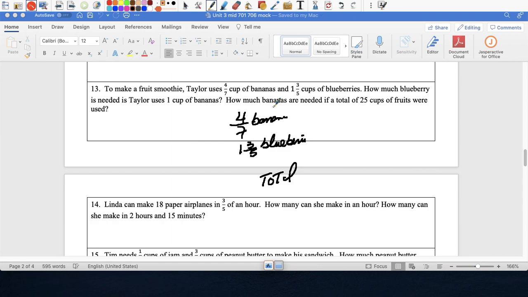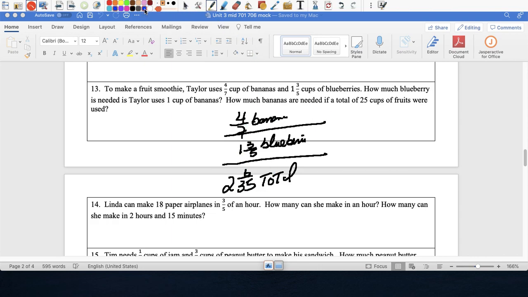Now, how much did I use? Well, in cups, it'd be 4/7 plus 1 3/5. That means I used 2 6/35 cups of fruits. You okay? So far so good? So this is my total.